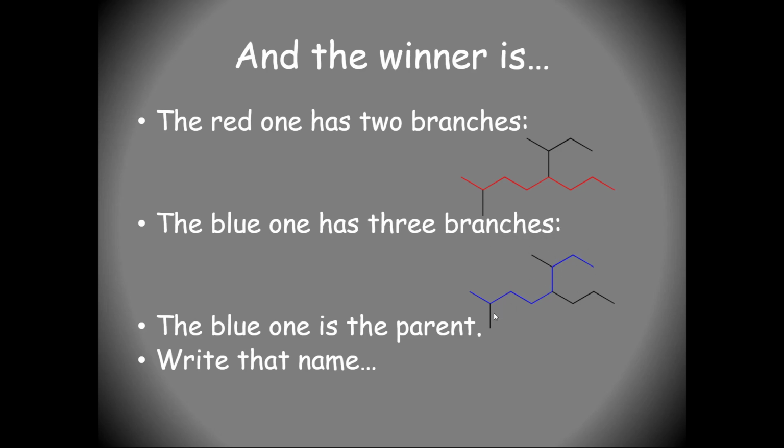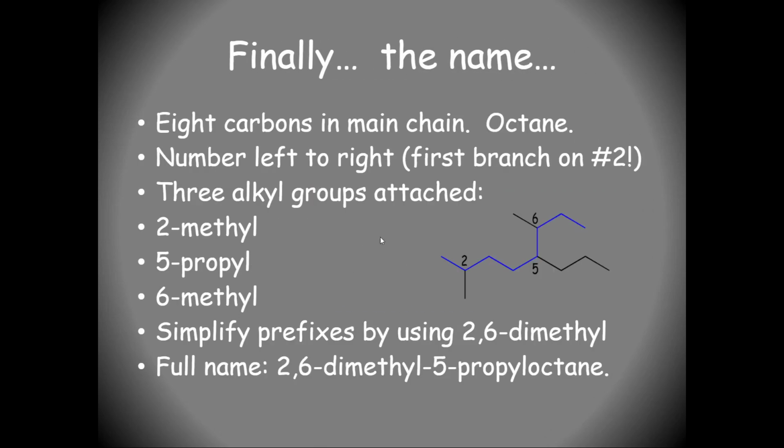So we have a 2-methyl, a propyl, and a 6-methyl. It should be 2,6-dimethyl-5-propyloctane, because this branch of 3 is coming off here.